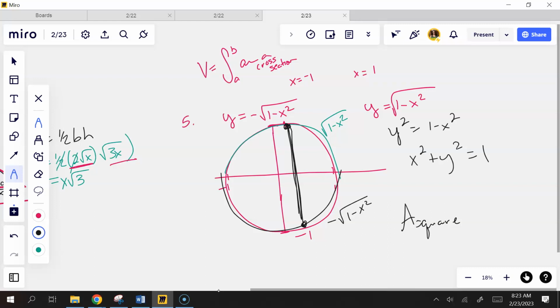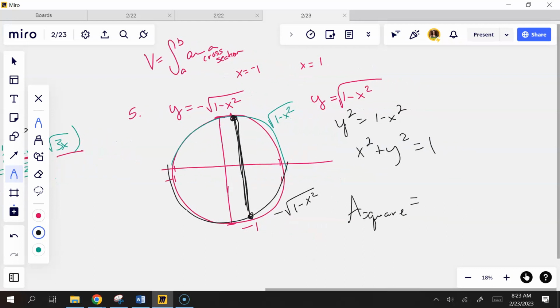So what's the area of the square? What's the side length? 2. That's exactly right. 2 of these distances, right? So 2 of those. So for area, I'm going to square it. Are we all okay there?